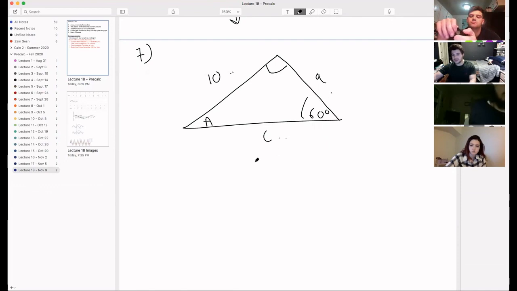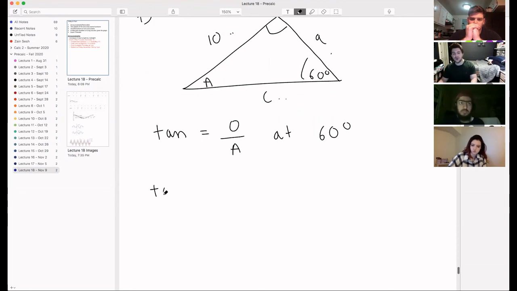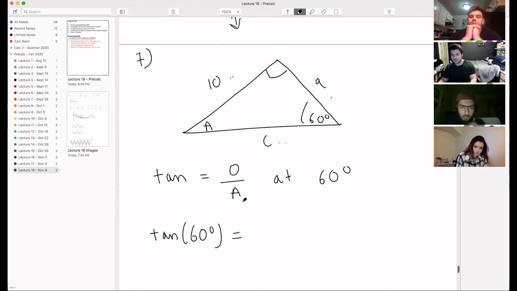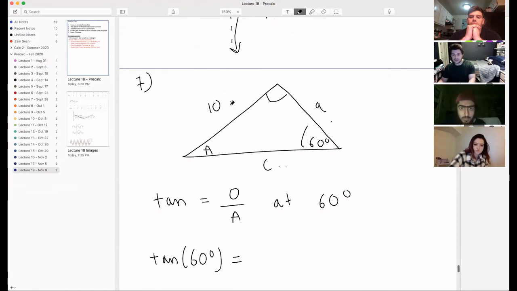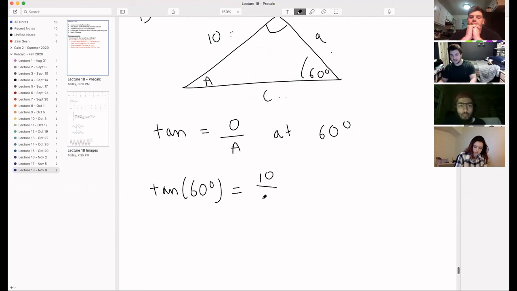Here's adjacent, here's hypotenuse. Do you recall that tangent equals opposite over adjacent? So we know that tangent of 60 degrees will be equal to opposite, which is 10, over a, adjacent.